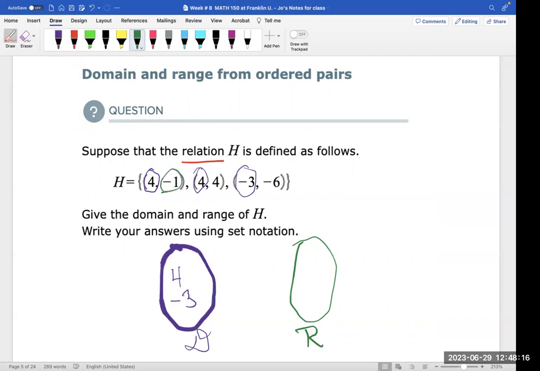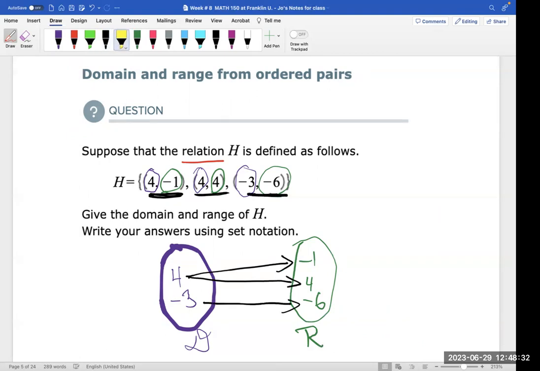My range is the outputs. So 4 maps to -1. 4 maps to 4. And right there, I know it's not a function. Okay, so there we go. Not a function.